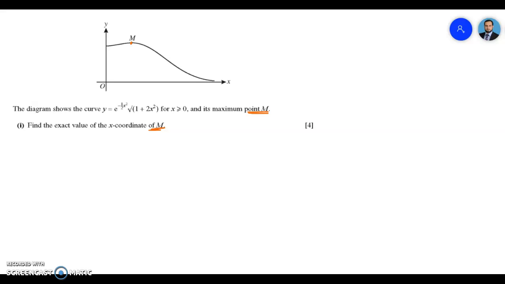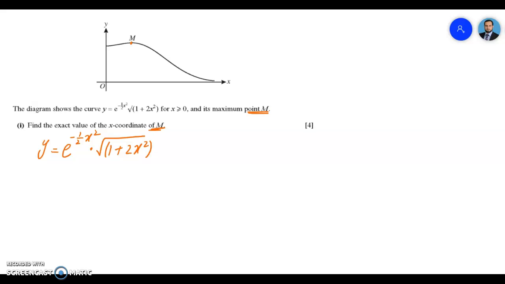Okay, so we will differentiate this. We have the curve y equals e to the power negative half x squared times the square root of 1 plus 2x squared. Here we can see it's a product, so we have to use the product rule of differentiation.